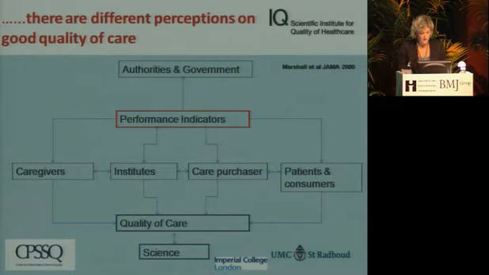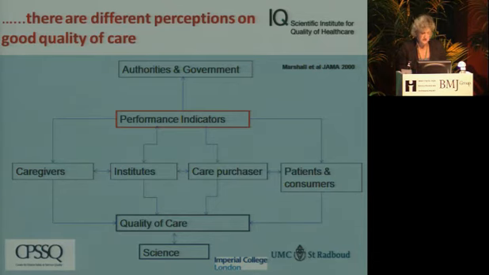However, before you can develop valid and reliable quality indicators, you also have to think about your definition of good quality of care. And it's important to realize that there are different perceptions of what is good quality of care. It depends on the perspective of the users and can be different for different users. For example, for authorities or the government, safety and accessibility of care are important aspects of the quality of care.